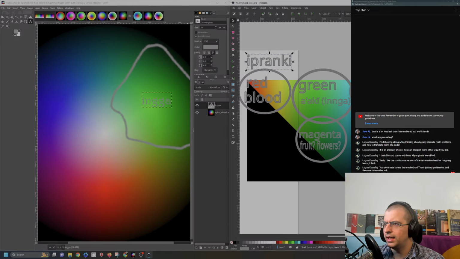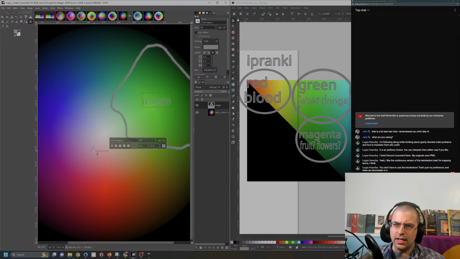Ipranki and Inga are two words that we have. So we can do Ipranki, and since we were doing blood, then I think we can do blood. Blood doesn't fluoresce directly under UV, is what I understand, but it's not going to be particularly reflective of it.